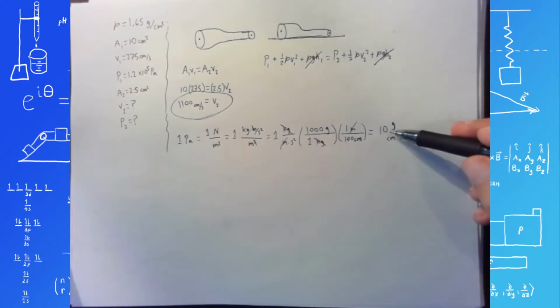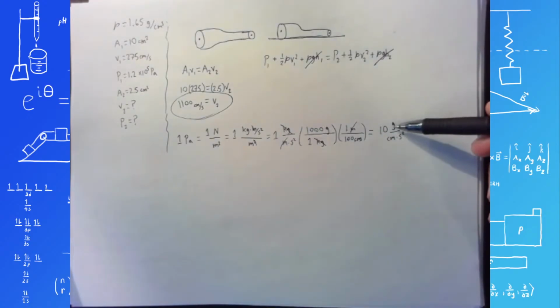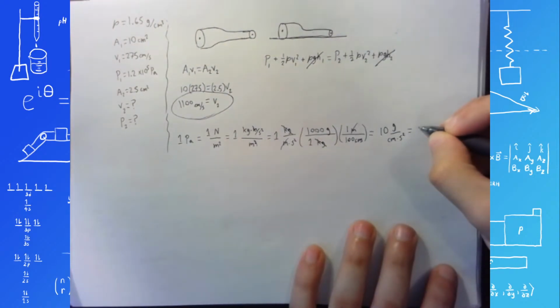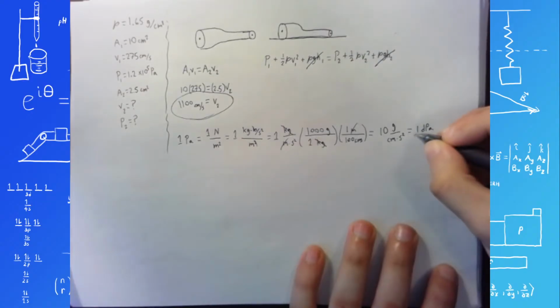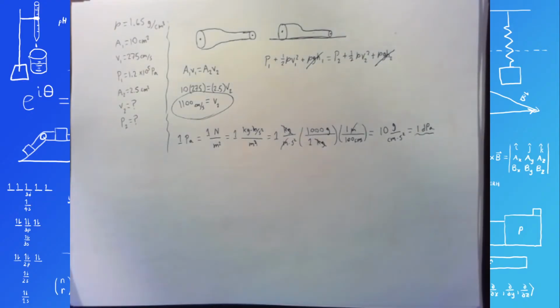If 10 of them are equal to 1 pascal, then one of them is a tenth of a pascal. So this is a decipascal, a more compact unit that's easier to write out.